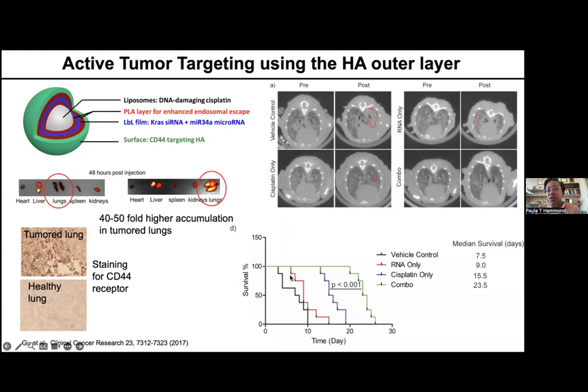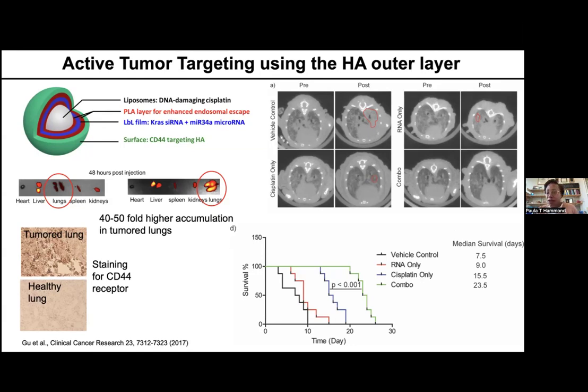We also see that there's some improvement in survivability when we look at how long the mice survive. But when we have a combination of both the RNA and the cisplatin, we get something like 40% survival and much smaller tumor growth.